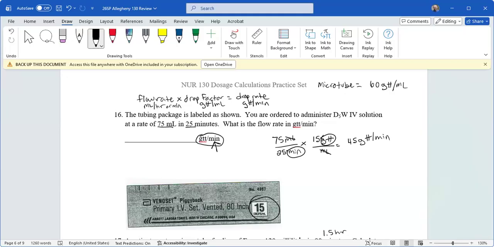So I'm going to challenge you and give you something with hours. Let's say, instead of the 75 milliliters in 25 minutes, what if it was 180 milliliters in 3 hours?